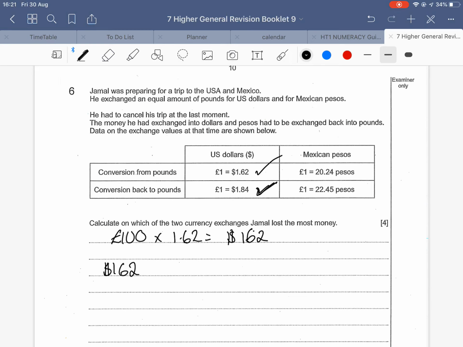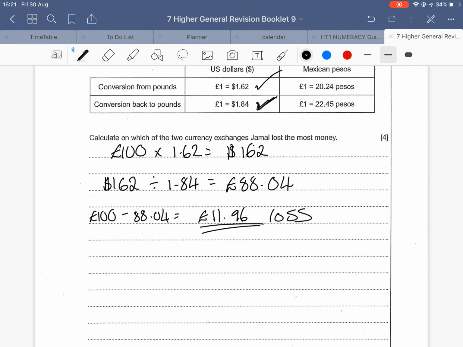They always do this. It's not the same exchange rate. So we're dividing that by 1.84 to get £88.04. So he's lost. We've got £100, take away £88.04 is £11.96 lost. So that's the American one.